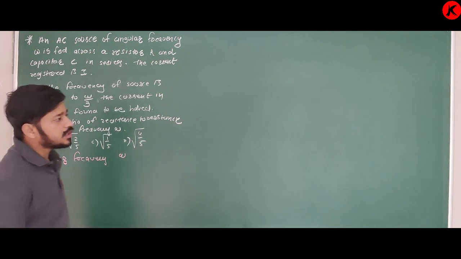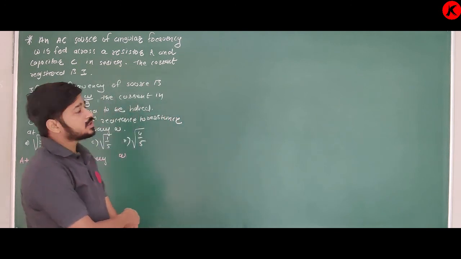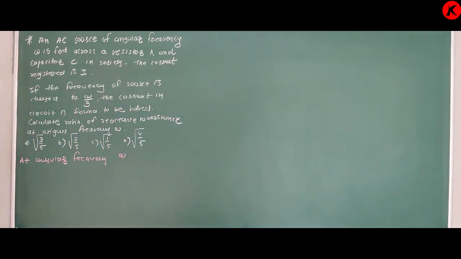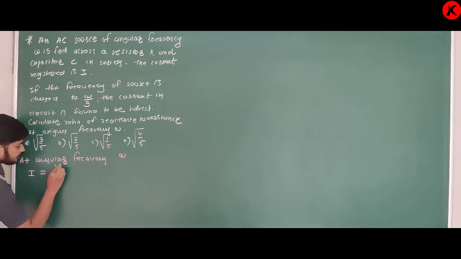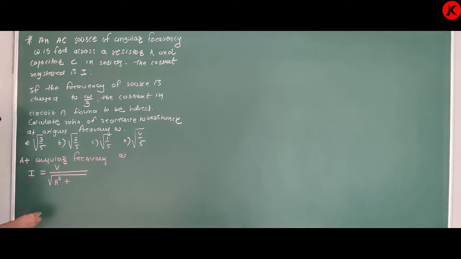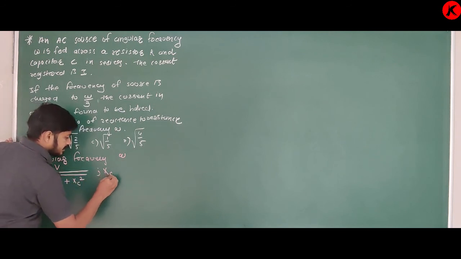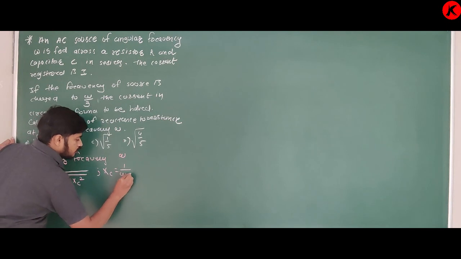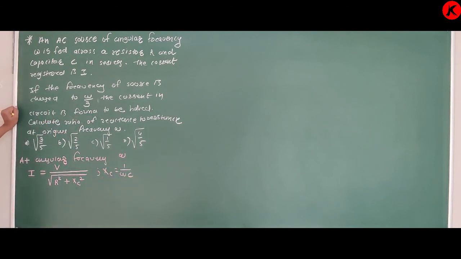Yes, we know that the equation for current is I is equal to V upon, for an RC circuit, under root R square plus XC square, where XC is equal to 1 upon omega C.